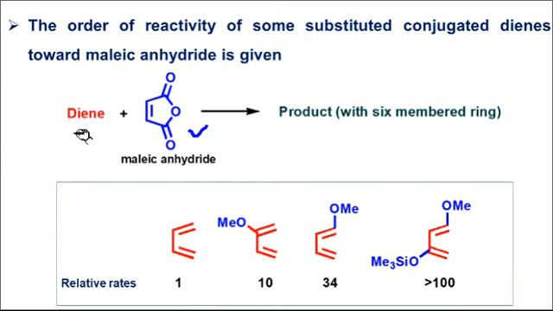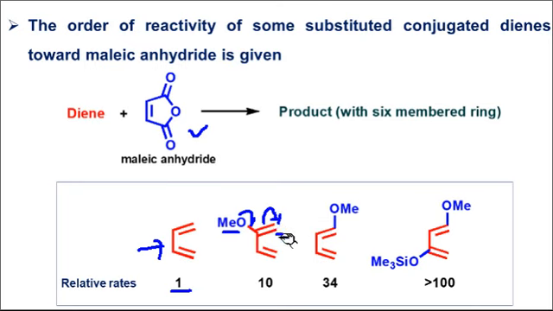When we take this normal diene, we consider its relative rate as 1. When we put an electron donating group at position 2, because of the lone pair of oxygen, it will shift electron density towards the diene and make this carbon more electron dense, more nucleophilic. It means the HOMO of this system will be very nucleophilic.